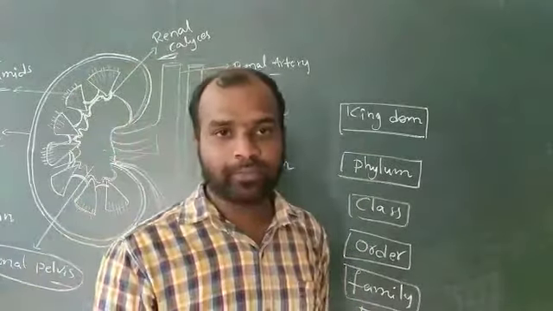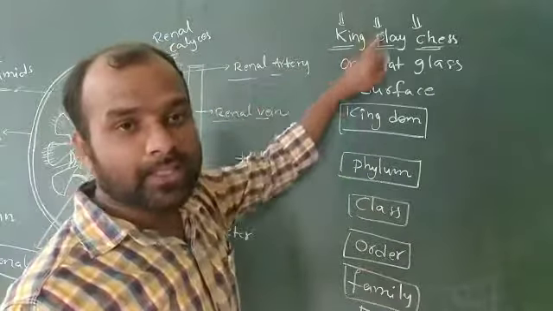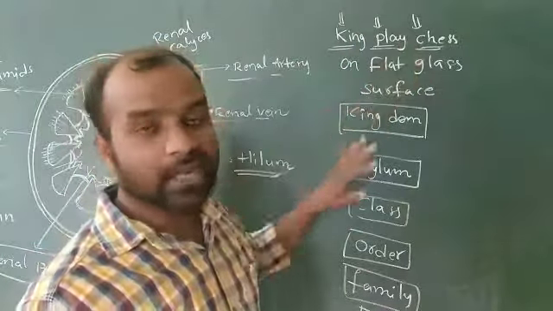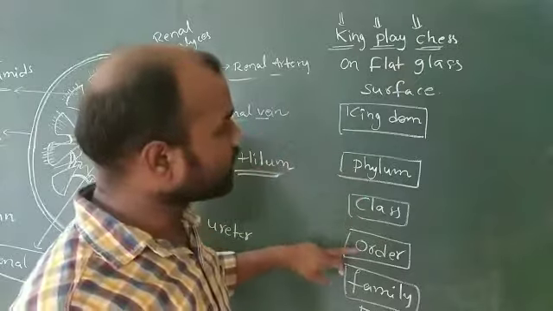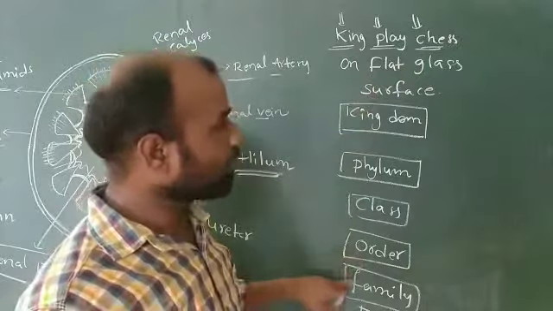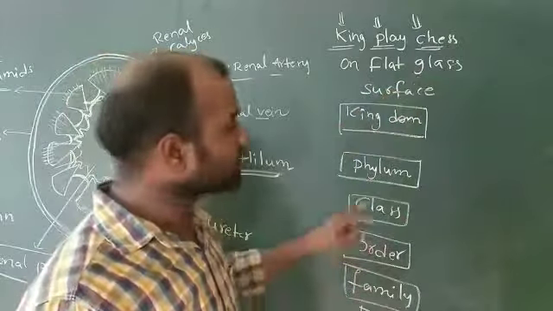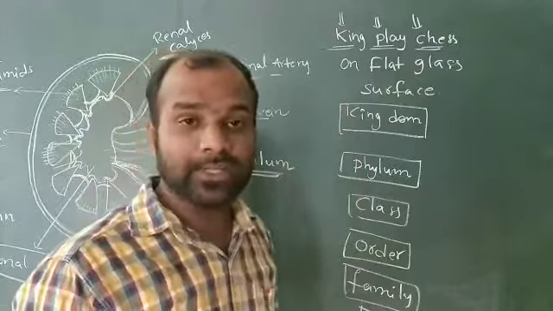In this statement, the first letter of each word indicates the hierarchy of classification. K stands for kingdom, P stands for phylum, C stands for class, O stands for order, F stands for family, G stands for genus, and S stands for species.